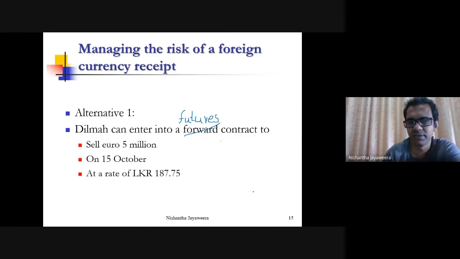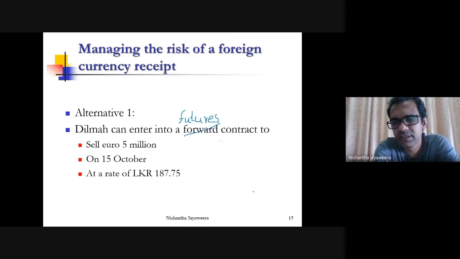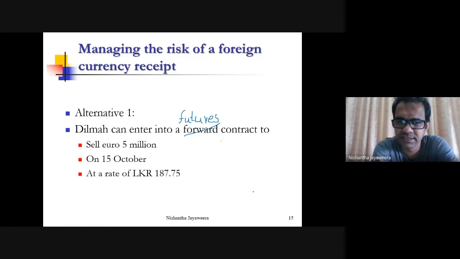If it is moving against you, then you may have to replenish your margin account, put more money into the margin account, the variation margin they call. So there's a small funding cost in that. That is the disadvantage. But there are a few more advantages.